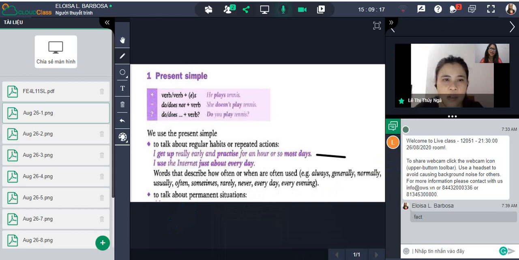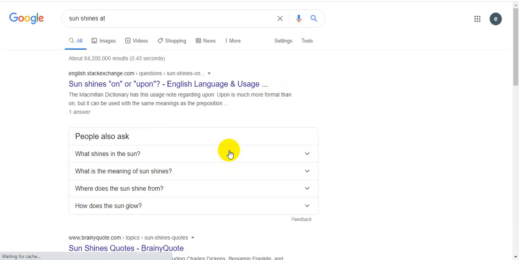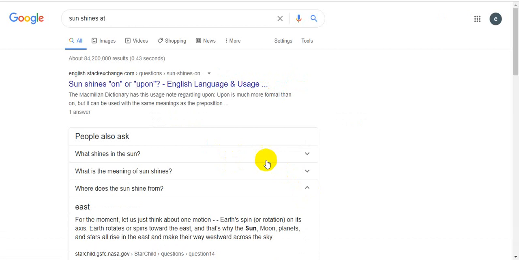The sun shines where? What is that location? From the east.